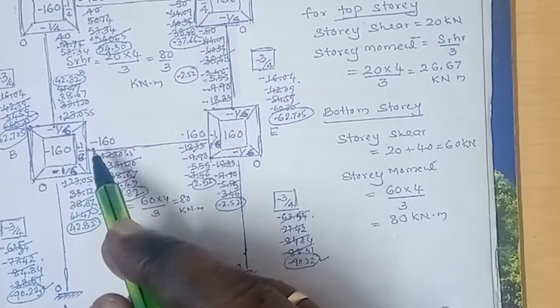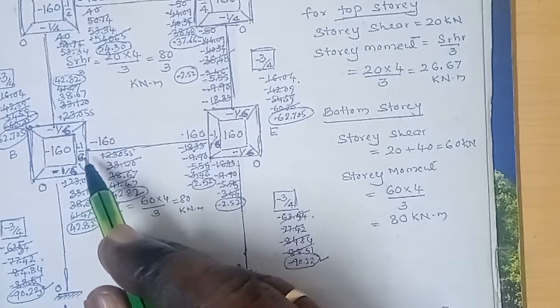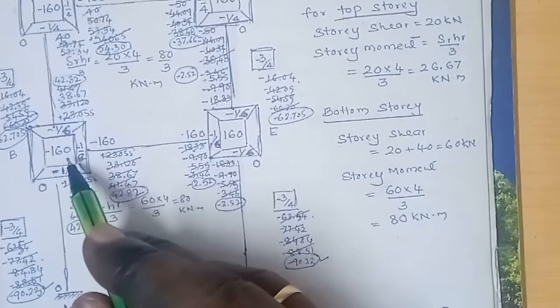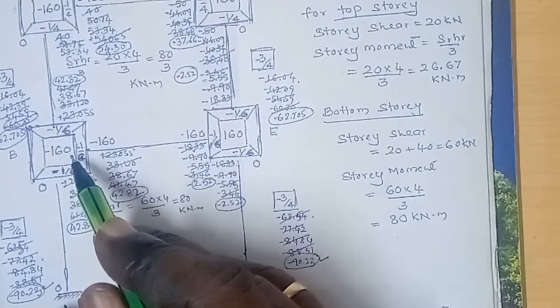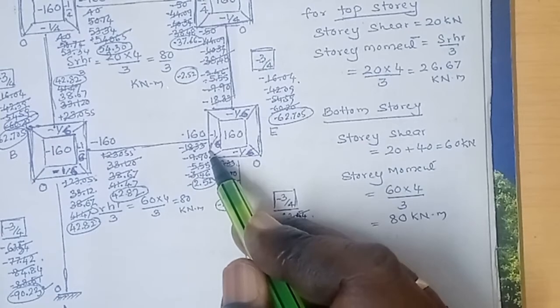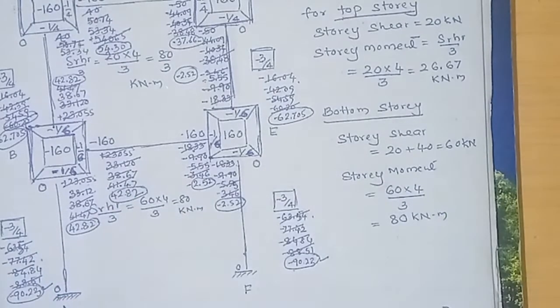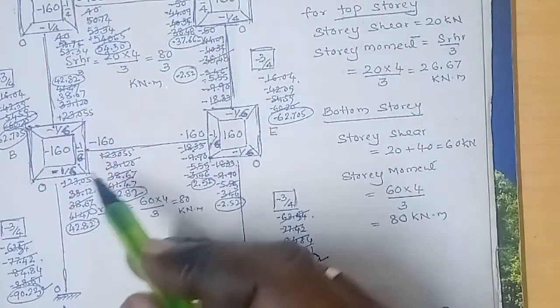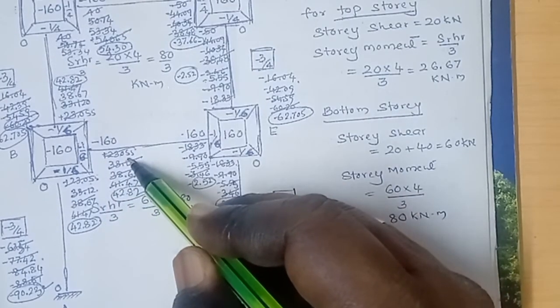Then the last joint, here the rotational factor is minus 1 by 6 inside of the bracket, sum of the fixed end moment is minus 160, far end contribution from A it is 0, from C just now we have calculated, that is 40, and from E that one is minus 18.33, and the displacement contribution that is 0, hence by simplification here we will get 23.055.